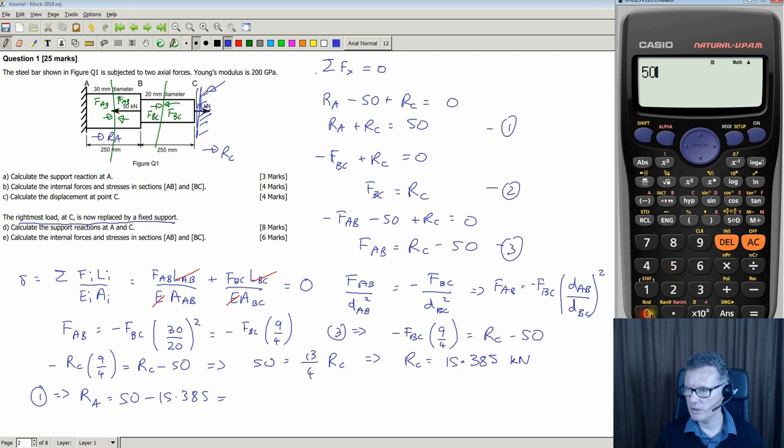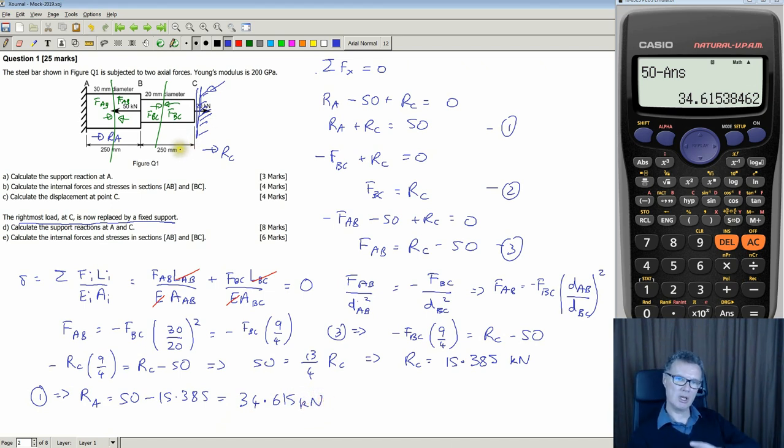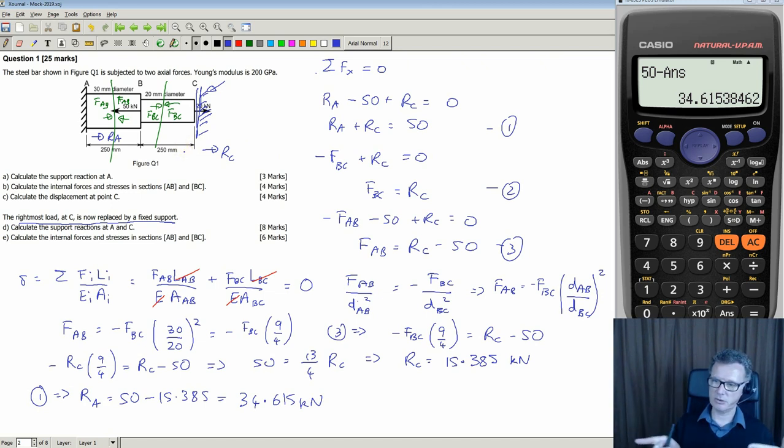So 50 take away previous answer gives me 34.615 kilonewtons. So these are kind of making sense. You've got the 50 pushing it that way, and then you've got the two reactions sort of sharing a bit of the load going the opposite direction. So that's my RC, that's my RA, and that's D done. So all of that to find D.